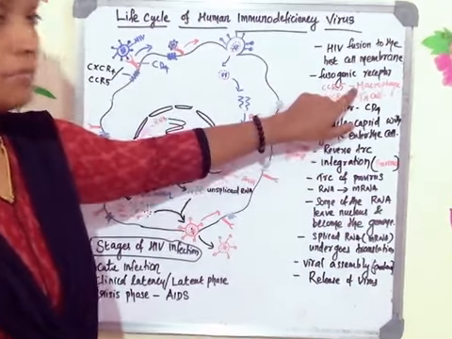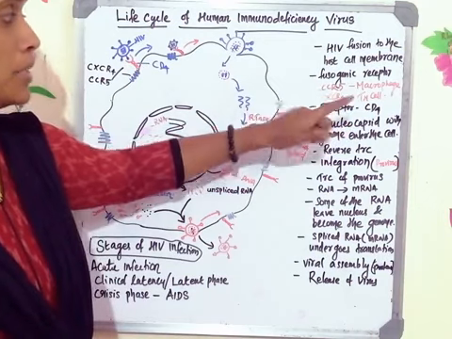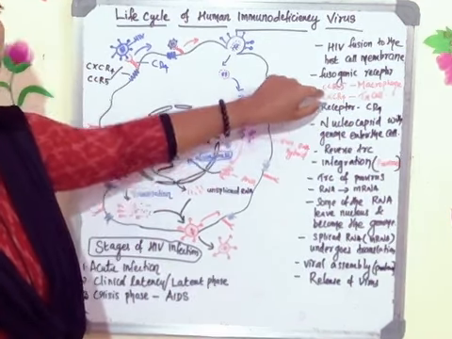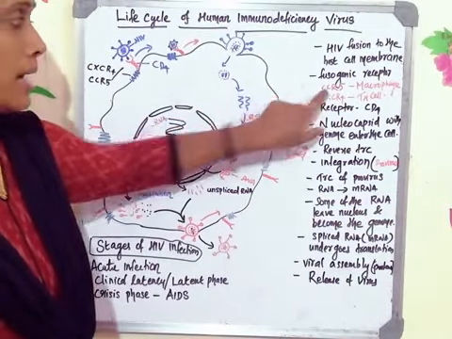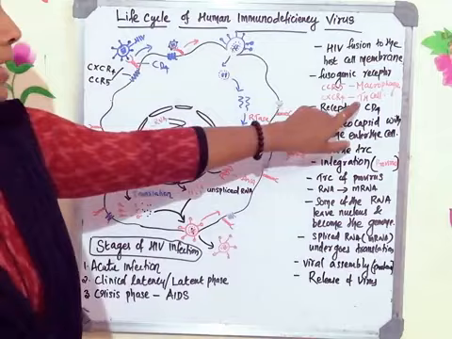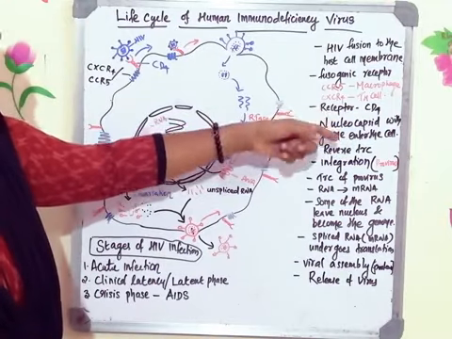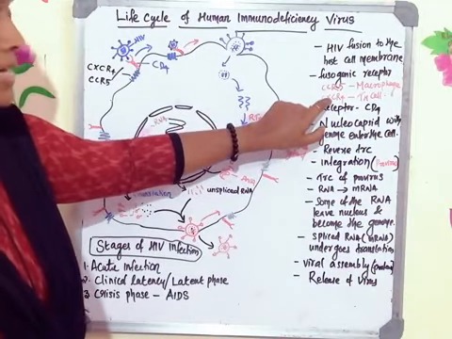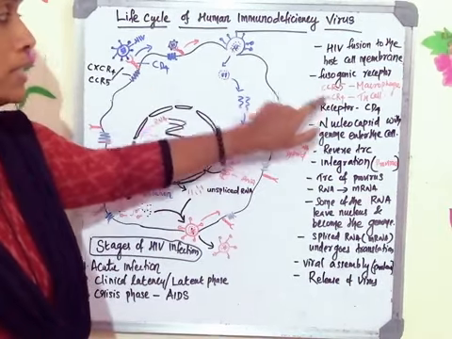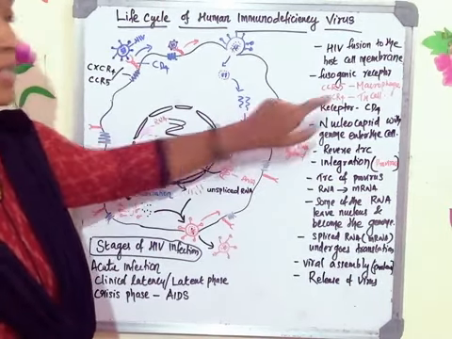If the virus is infecting macrophages, after binding to the CD4, it will use the co-receptor on the plasma membrane called CCR5. I have drawn this in the diagram also. If it is infecting the T helper cell, the co-receptor is known as CXCR4. Clear? You have to always remember CCR5 and CXCR4.